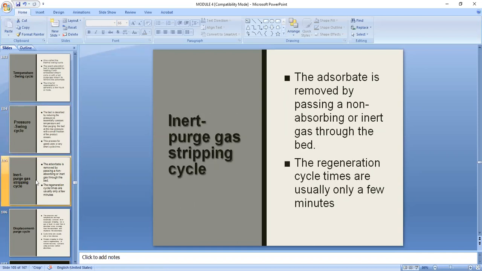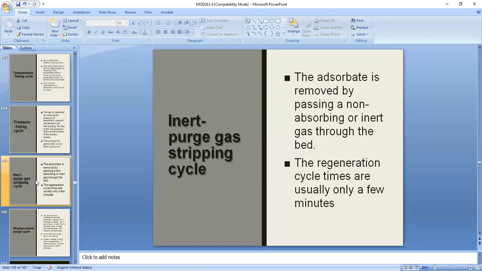What about the inert purge gas stripping cycle? The adsorbate is removed by passing a non-adsorbing or inert gas through the bed. So you are using here not a heated stream, but rather an inert gas that will remove the adsorbate in your adsorbents. The regeneration cycle times here are usually only a few minutes.